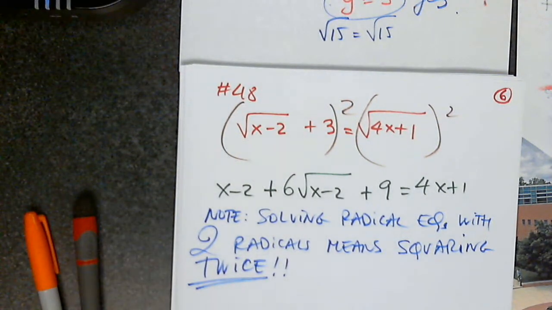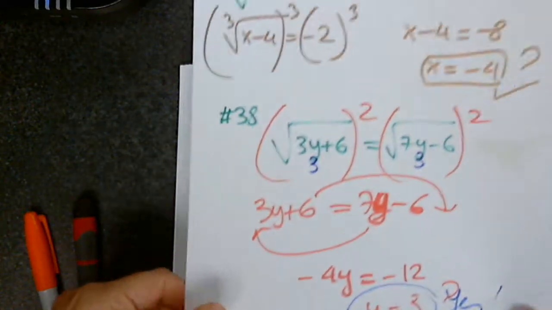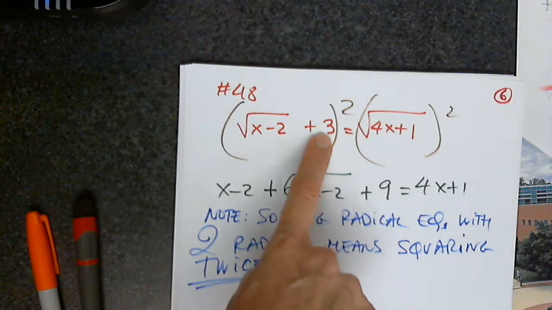Very important note. If you square once and you get rid of both radicals, something is wrong. Except, let's go back for a second, except in this situation, where there is no free term.